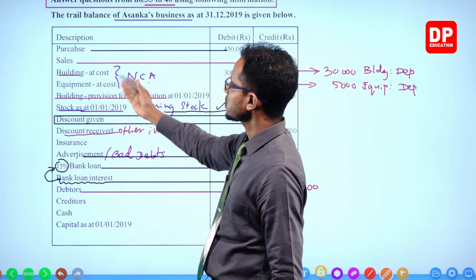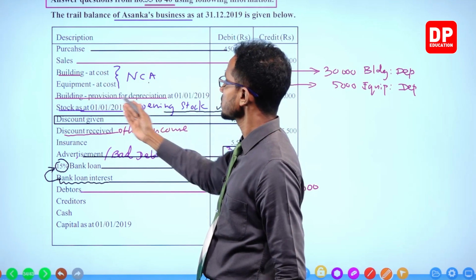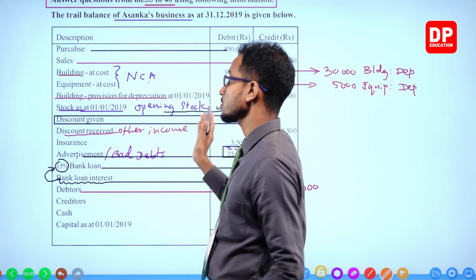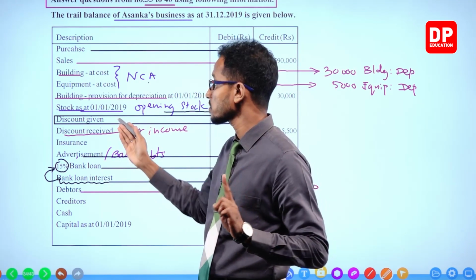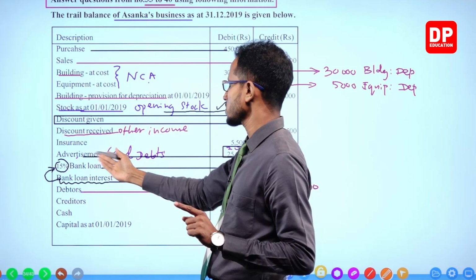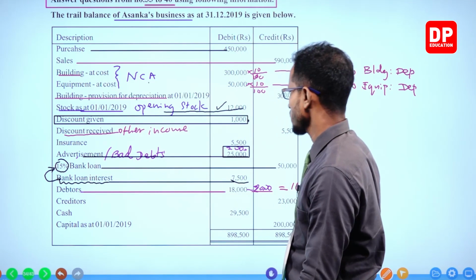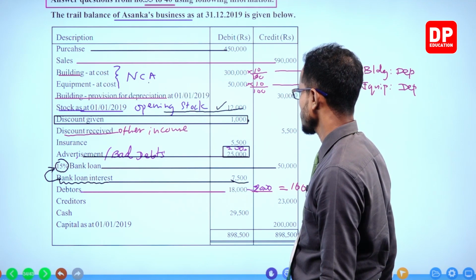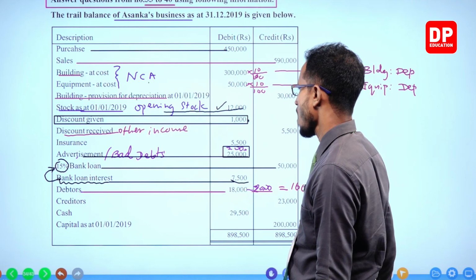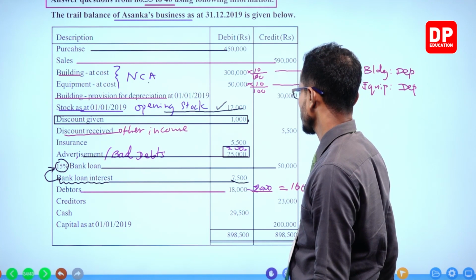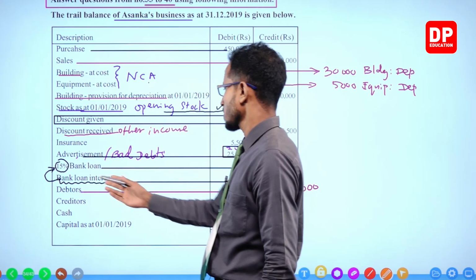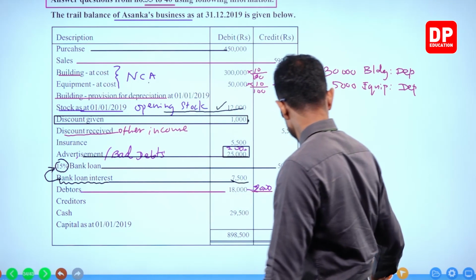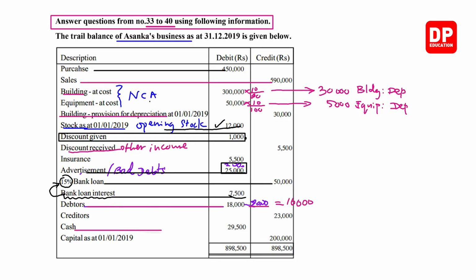Purchase, sales, building at cost, equipment, all non-current assets. Provision? No. Stock, opening stock? No. Only the closing stock. Discounts given, discount received, insurance, advertisements. Bank loan 15%. Bank loan interest 7,500. Creditors, cash, 29,500. Take that too because that is a current asset.